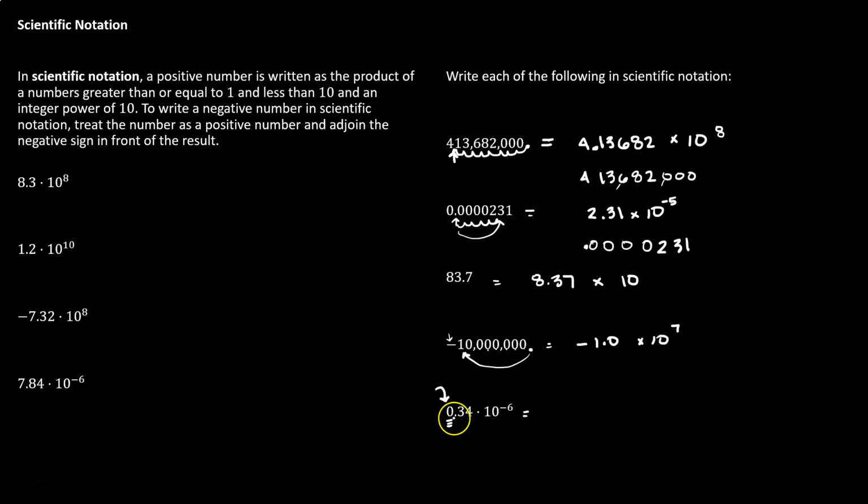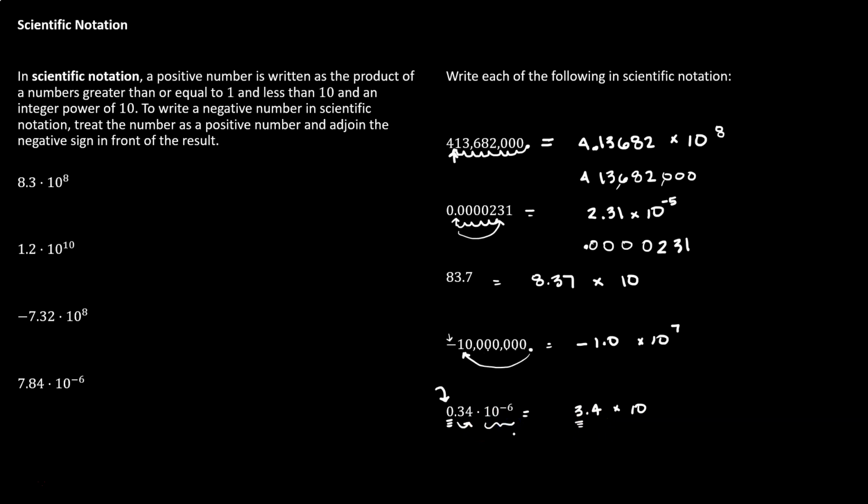So we need to rewrite this so that it looks like 3.4, so that in our ones place we do have a digit that's greater than 1, and we're going to multiply by a power of 10 that preserves the value of the number. We moved our decimal once to the right, which means to preserve it, I would need to move it back once to the left.